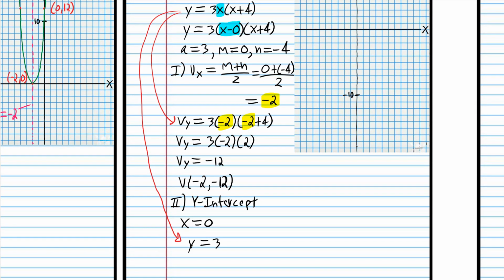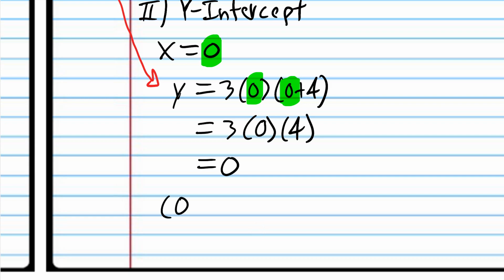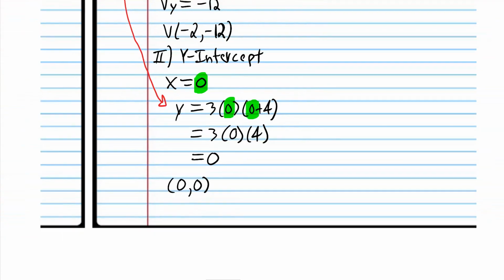We have 3 times 0 times 0 plus 4, and again, I got that 0 from there. And of course, we have 3 times 0 times 4. Because we're multiplying by 0, our answer has to be 0. So therefore, our y-intercept is just 0, 0.